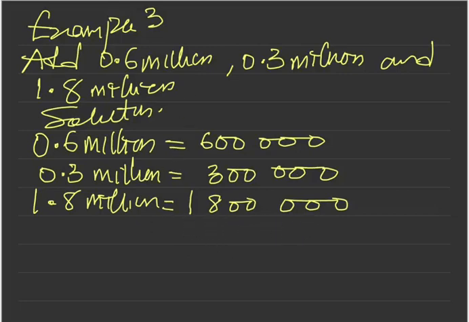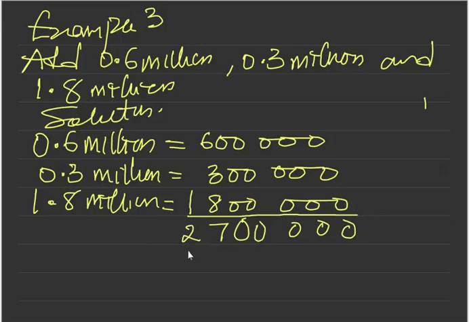The zeros we add together, all the 3 zeros will be here again. It now remains 3 plus 6, which is 9. 9 plus 8 will give you 17. So you write 7, you keep 1. So 1 plus 1 will give you 2.